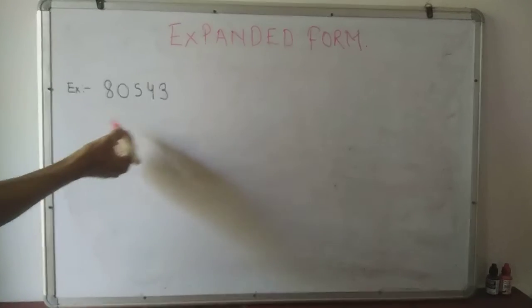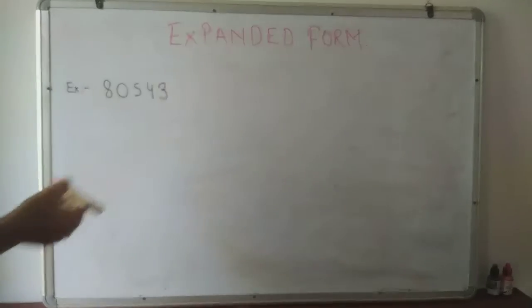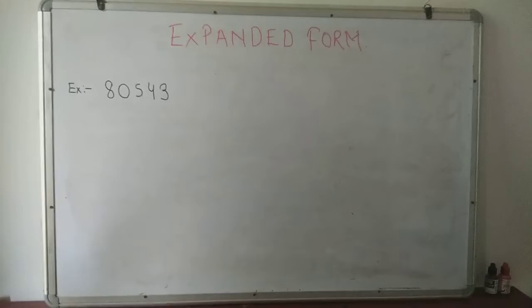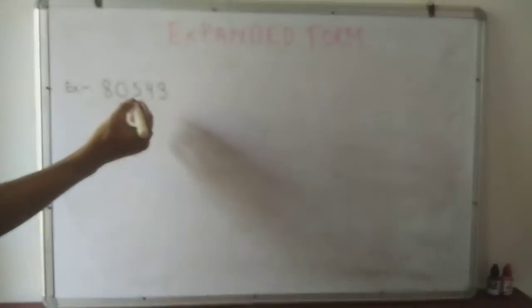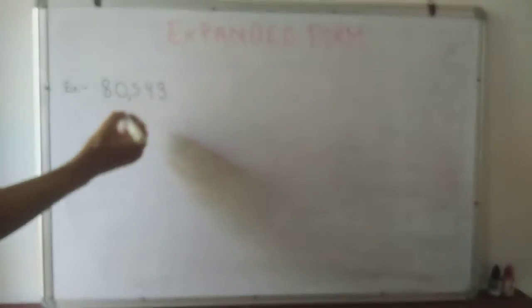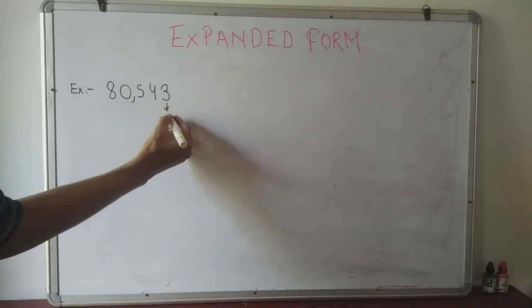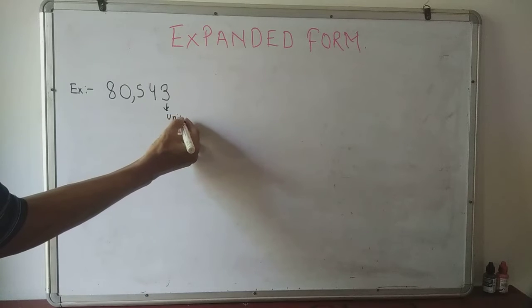Here the number is given. First of all, we have to arrange the number in proper format, that is, we have to put period symbols. Now, if you recall the Indian number system, you already know that the first digit represents the unit digit, also called ones.